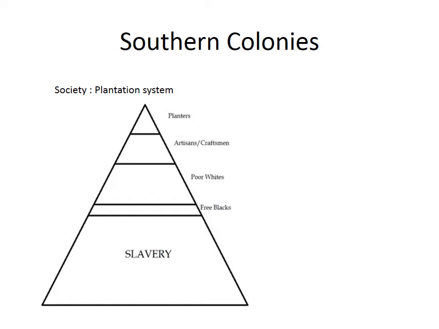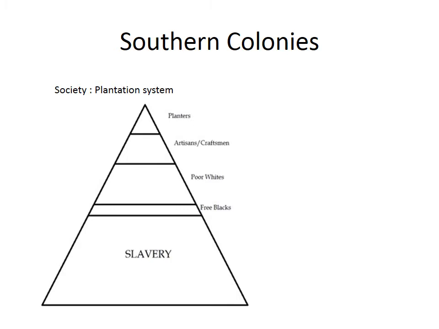And they saw it as absolutely necessary because they were growing massive amounts of crops that had to be planted and then picked, and then if it was cotton, the seed had to be removed before it was put into the cotton gin. There was no mechanization, as if you moved up north, they would have machines and factories, and they may not need the massive amount of labor that they did in the South.